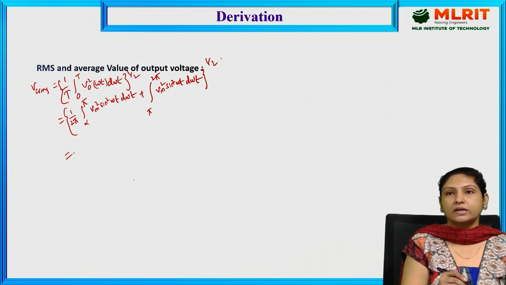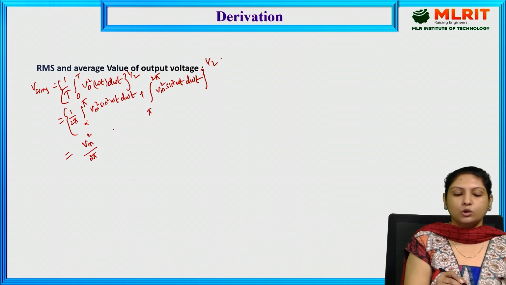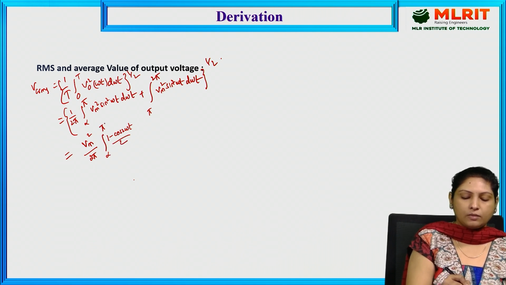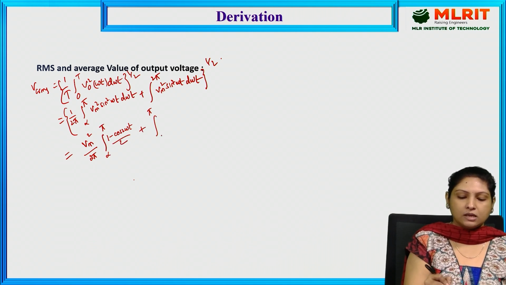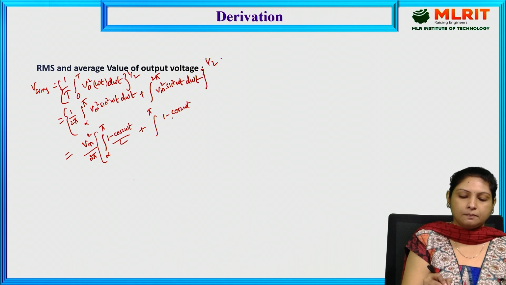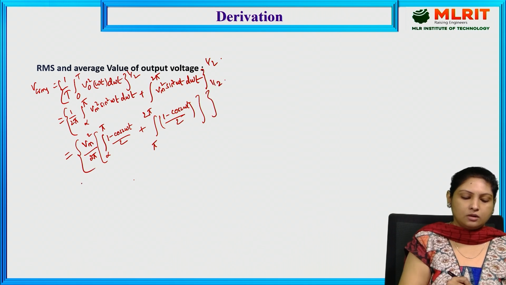And here let us take Vm square outside by 2 pi, and in order to integrate sine square, we need to write this in terms of 1 minus cos 2 omega T by 2, integrate from alpha to pi, plus again 1 minus cos 2 omega T by 2 from pi to 2 pi, and this is whole to the power of 1 by 2.